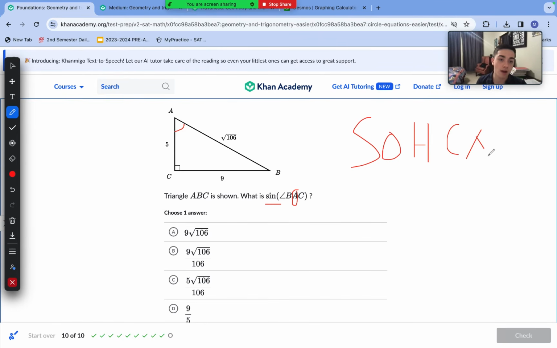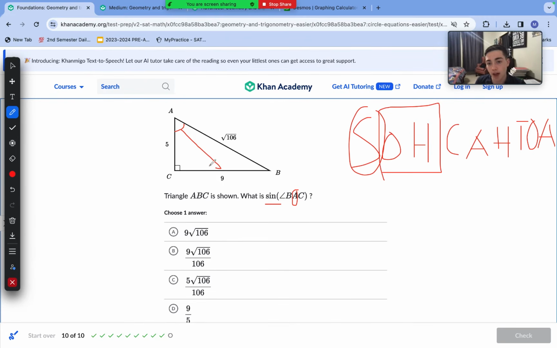So SOHCAHTOA basically gives us the trigonometric ratios for each of our trigonometric functions. So we have sine, cosine, and tangent. Here we're using sine, so we can see that sine is equal to the opposite side divided by the hypotenuse side. So the opposite side of A is 9, and the hypotenuse side is square root of 106. So we can write that fraction as 9 over the square root of 106.